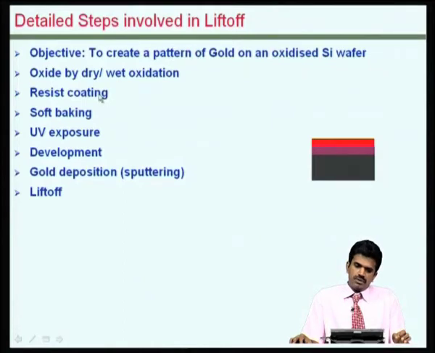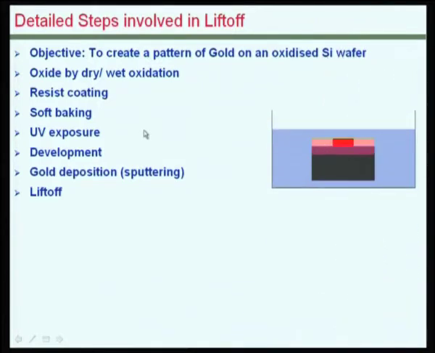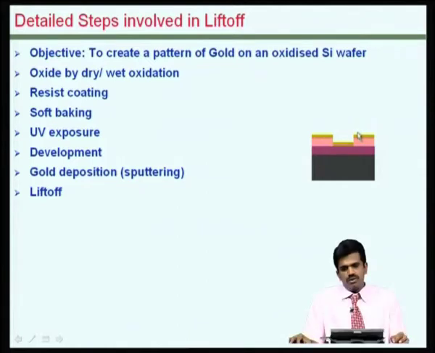So, then we put the resist first and then soft bake it and then expose it, and then we develop that resist, and you do not necessarily have to do the hard baking. What we do next is the gold deposition. Now, if the resist coating is substantially thick and the coating scheme used for the gold does not have the step coverage, what you can see is that there is a gap between this.